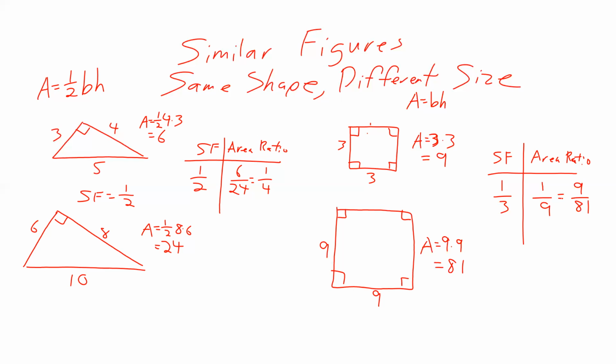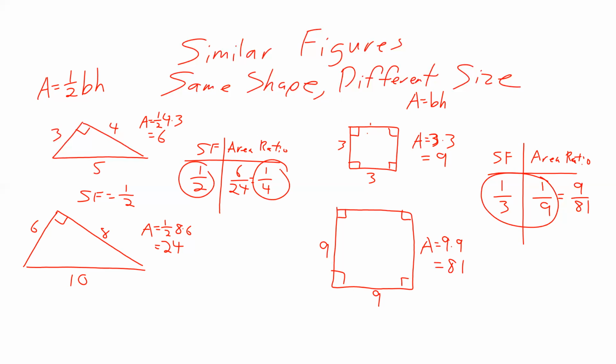So on here, look at these two values and look at these two values. How does our scale factor compare to our area ratio or vice versa? Times by itself.